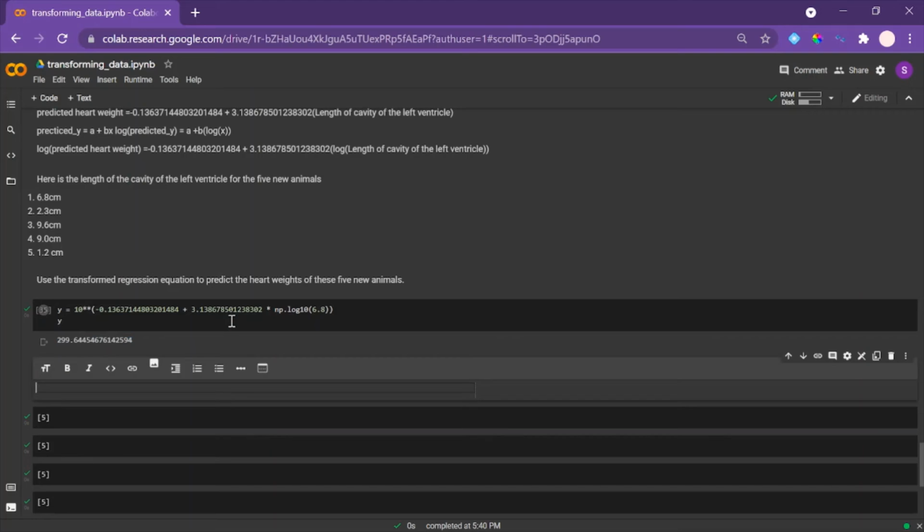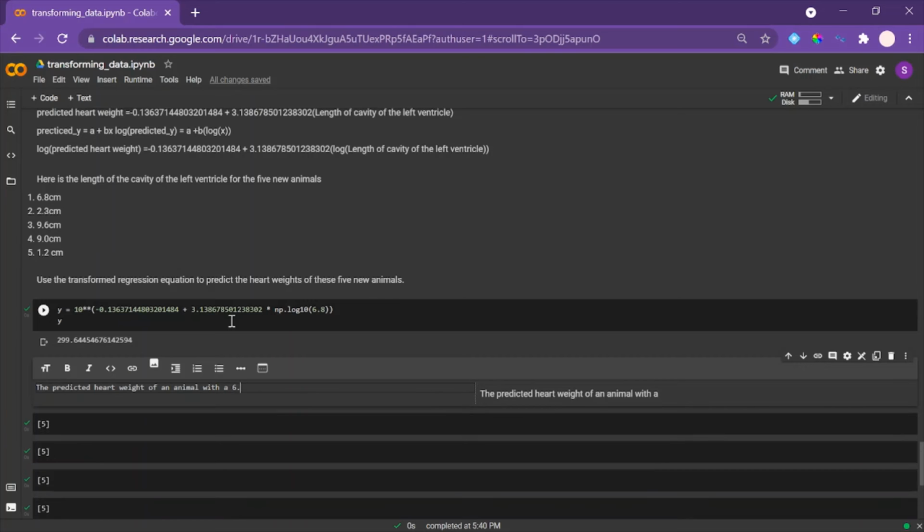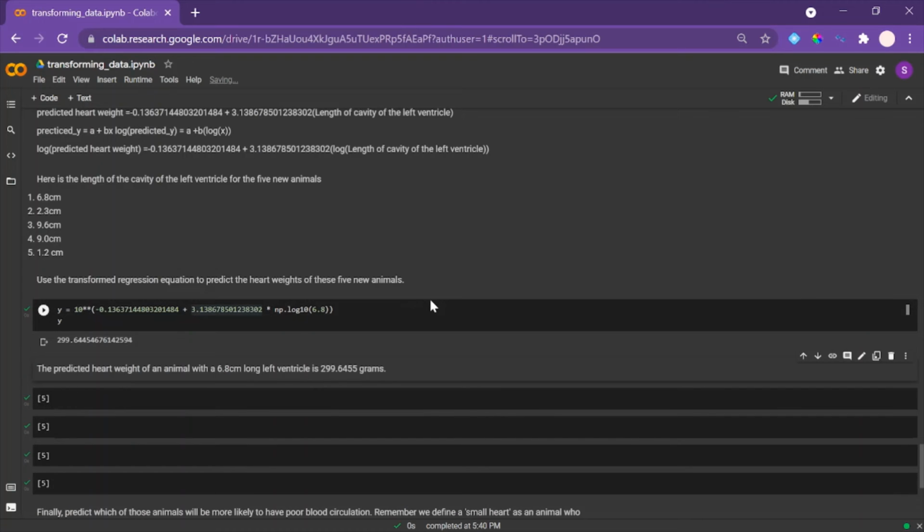So let me actually write that down because it's a whole mouthful. So the predicted heart weight of an animal with a 6.8 centimeter long left ventricle is 299.6455 grams to 4 places, okay? So that is your answer.